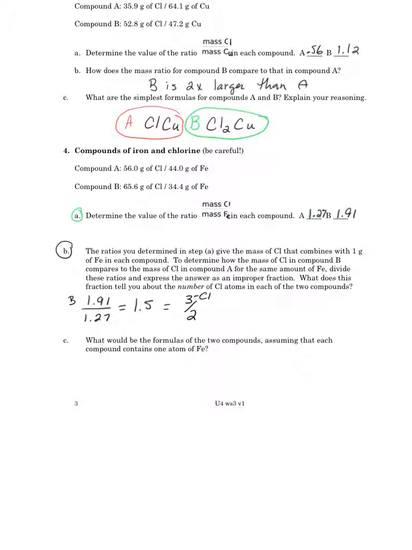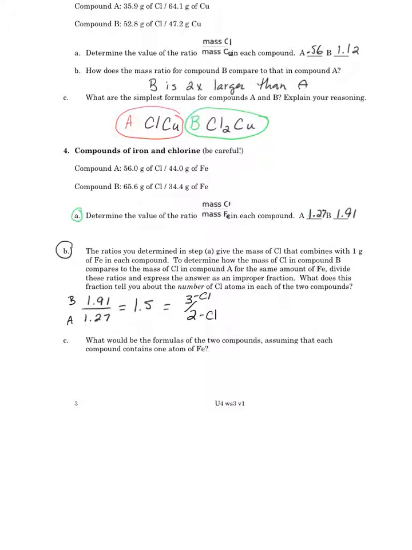This was compound A, so in compound A, you're going to have 2 atoms of chlorine. So that's what that fraction tells you about the number of chlorine atoms in each of the 2 compounds. What would be the formula of the 2 compounds, assuming that each contains 1 atom of iron?